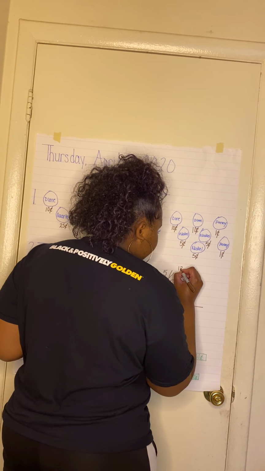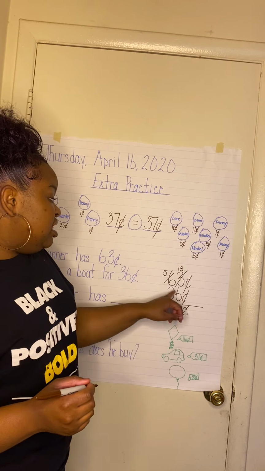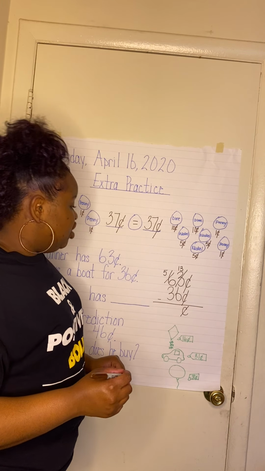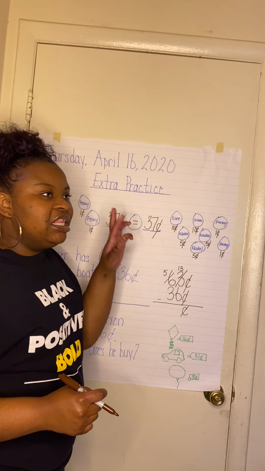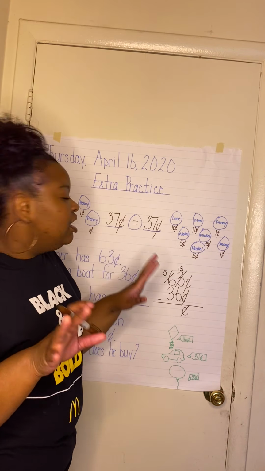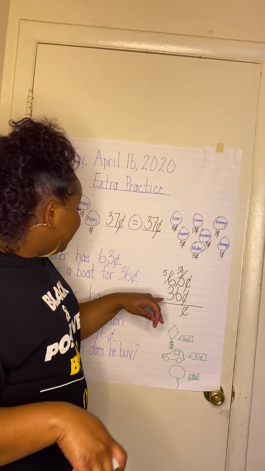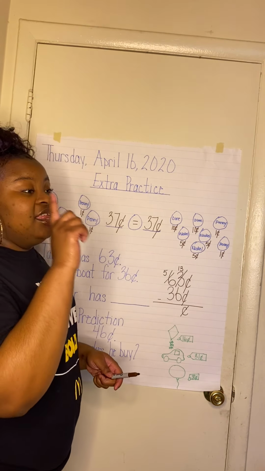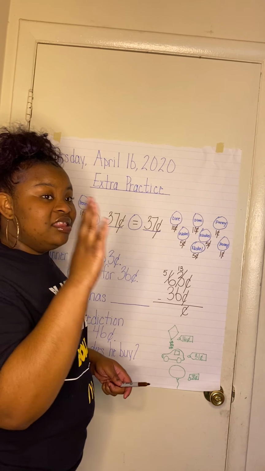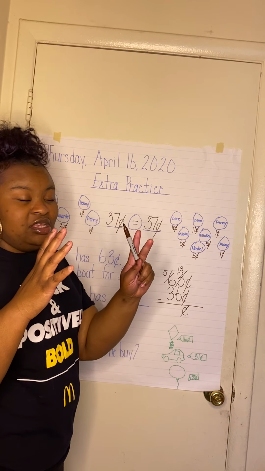Great job. So now, can I take 6 from 13? I sure can. So instead of counting in your head, 13, 12, 11, 10, let's knock it out real quick. So let's count up from 6 to 13. So 6, 7, 8, 9, 10, 11, 12, 13.